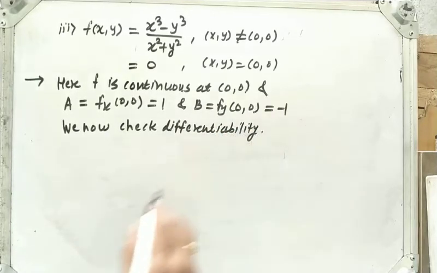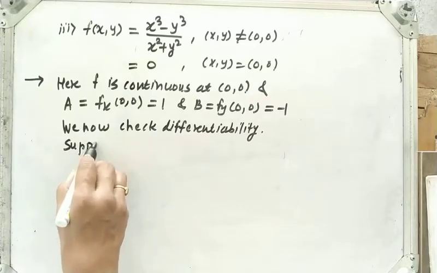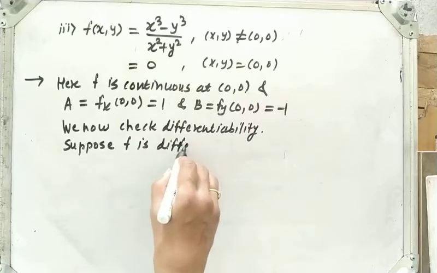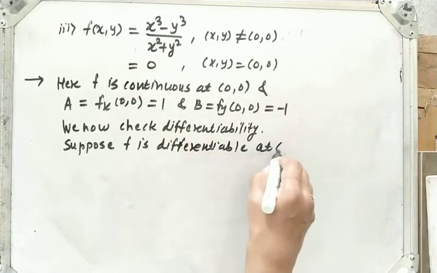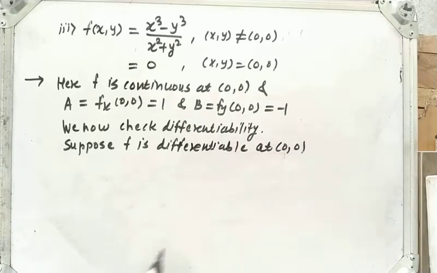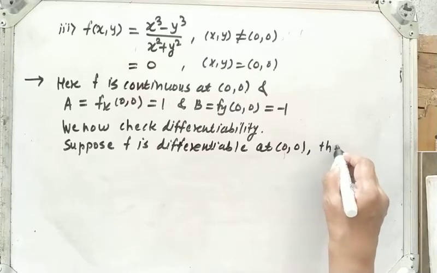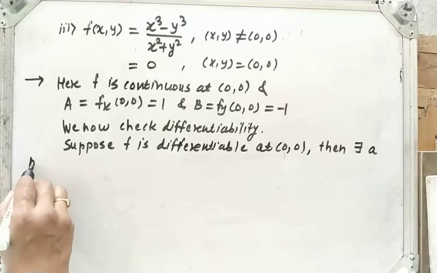Let us check differentiability. Suppose f is differentiable at 0, 0. If function is differentiable at 0, 0, what does it mean? Then there exists a neighborhood.